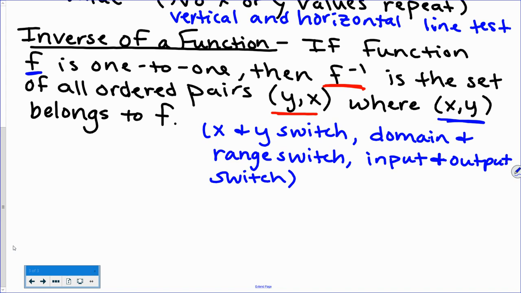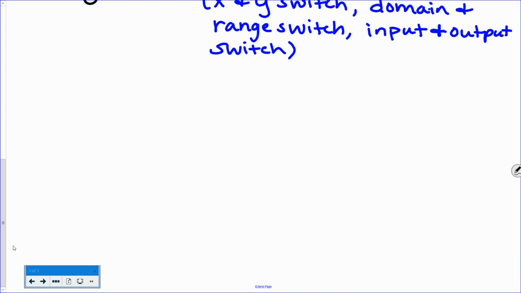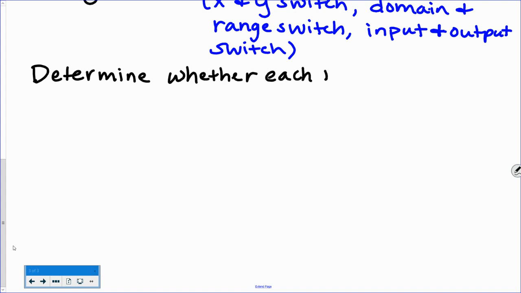All right, so for these first couple examples, we are going to determine whether each function is, here's the shorthand version for one-to-one, if you want to do that. If it is, find the inverse.